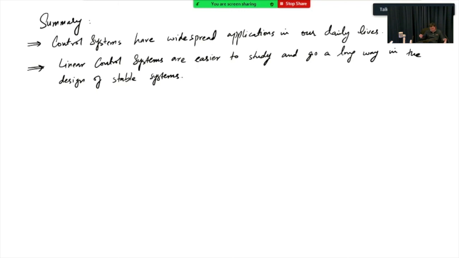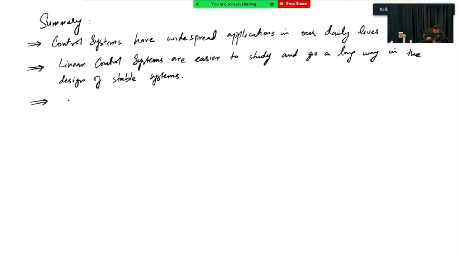Okay, so there are so many other properties like stability and controllability and other things that we will study in the upcoming lectures, and all of these are for linear systems. And if systems are non-linear, you can always linearize them, and that will give you an approximation of the system at the origin.